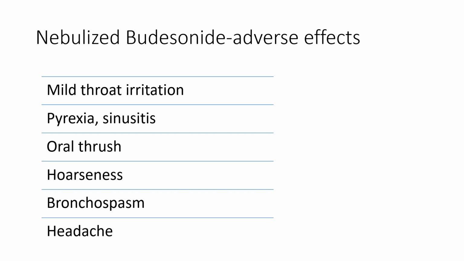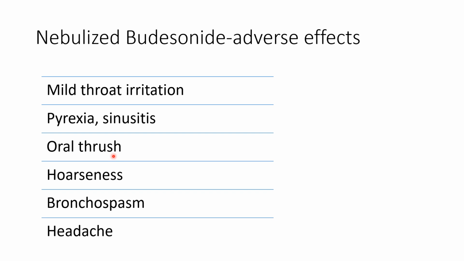What are the adverse effects of nebulized budesonide? Mild throat irritation can be there. The patient may have pyrexia, sinusitis can develop, and oral thrush, a fungal infection of the oral cavity and even the pharynx, can develop after nebulized budesonide. So always we have to counsel the parents that the child should rinse the mouth with water and spit all the deposited drug out immediately after giving the nebulization.